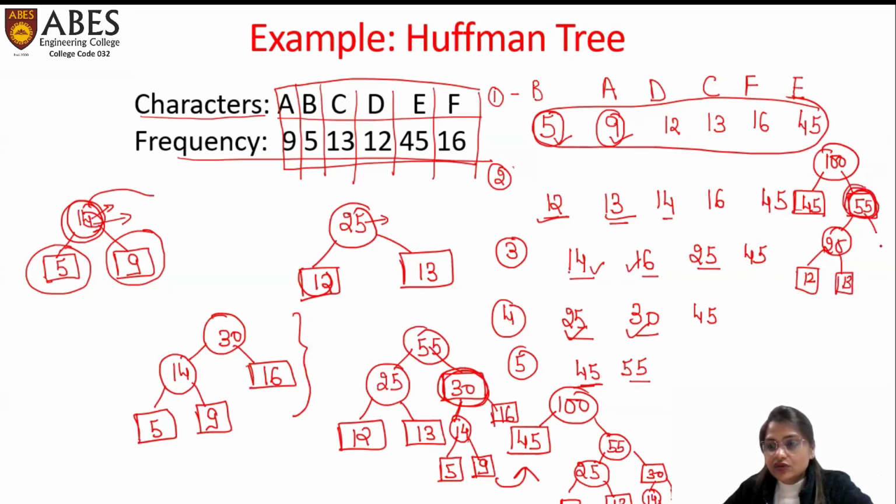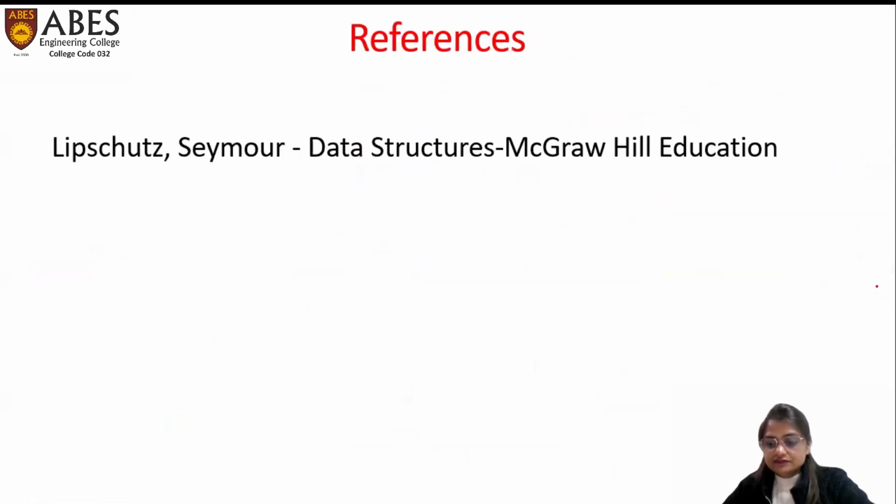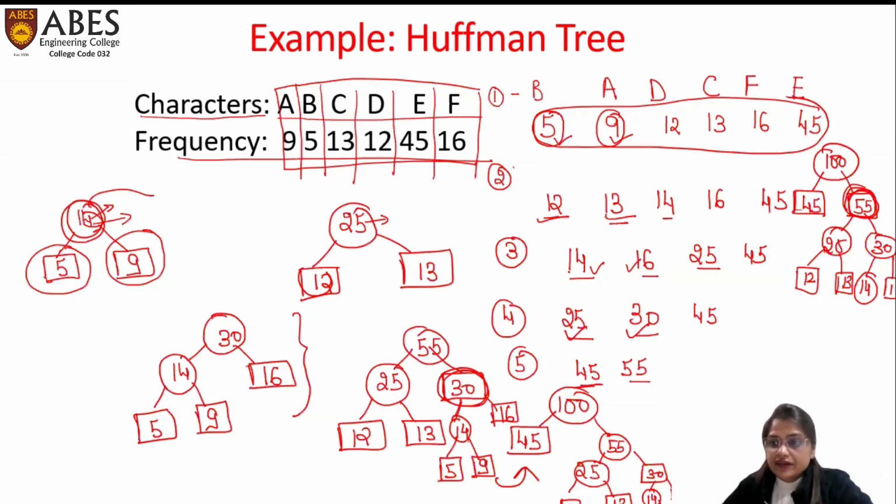This was the internal node, okay? 30 has further children, which were 14 and 16, and it will have 5 and 9. So this will be our final Huffman tree.